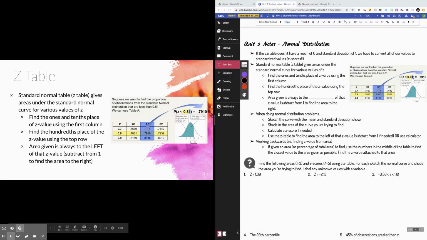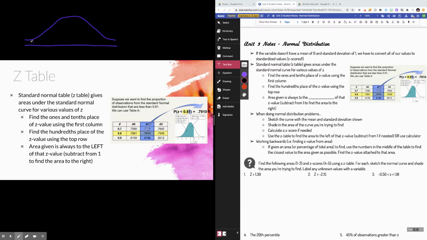Because if you recall from the last video, I told you that when you have a normal curve, most of your data falls within 3 standard deviations of the mean. If the mean is here in the middle, you have most of your data, 99.7% of it in fact, within 3 standard deviations.